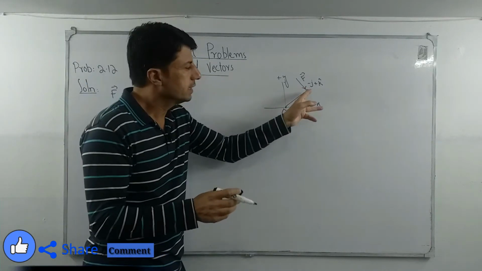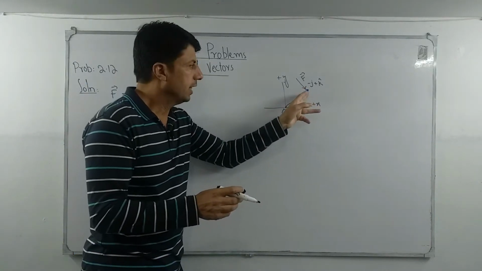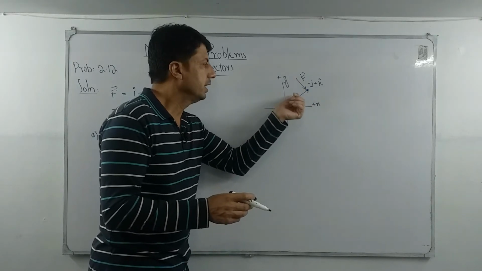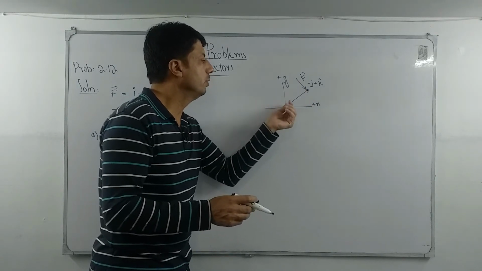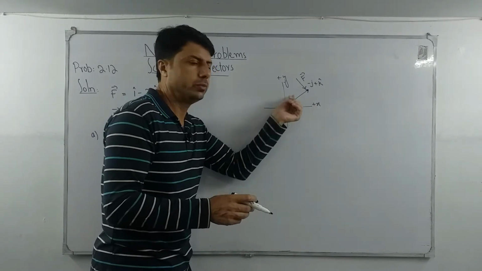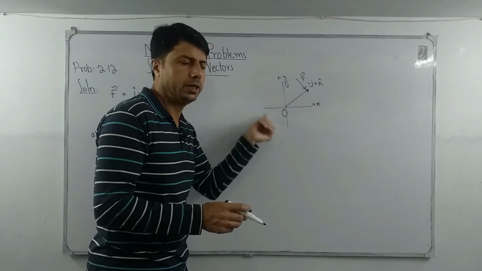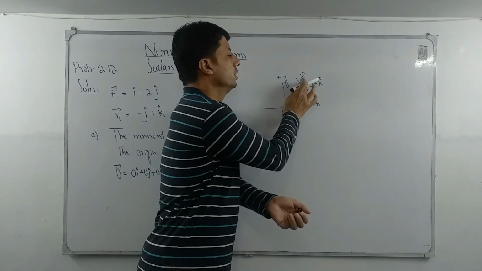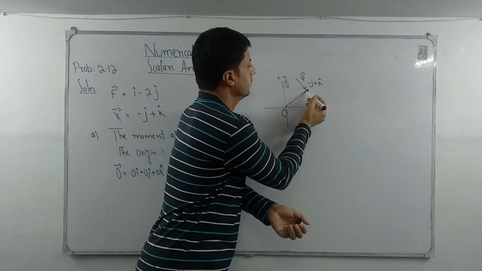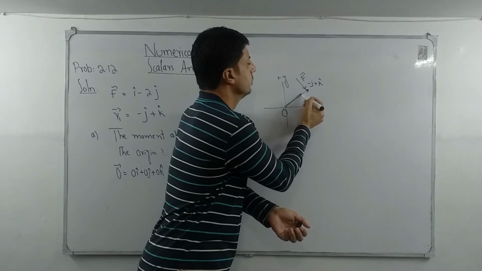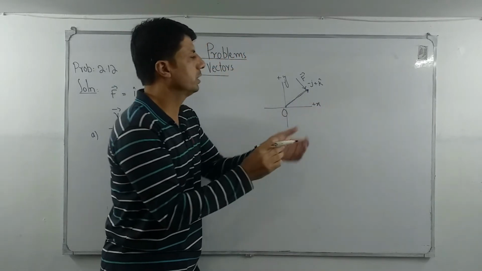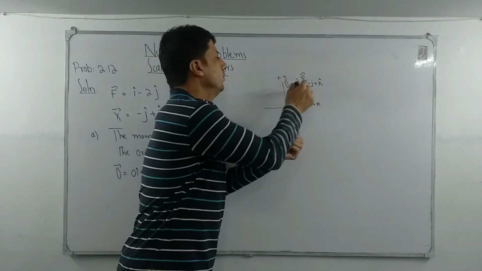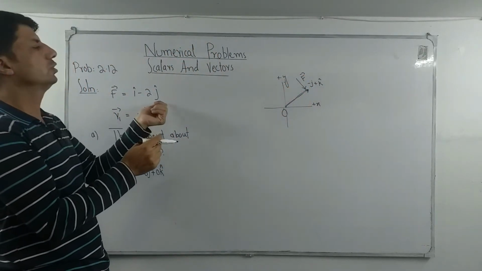The force is applied on this point, and there will be a turning effect because of this force, and the body will turn about the origin in this direction. So we have to find the turning effect of this force about the origin. This will become the moment arm, for which the vector is minus j plus k, and this is the force, which is i minus 2j.